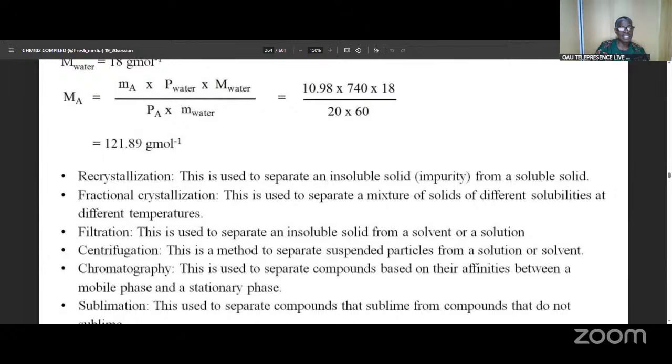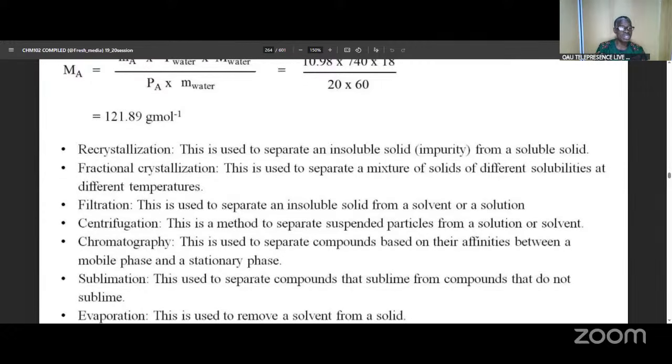Maybe we should just define what chromatography is. We use chromatography to separate compounds based on their affinity between a mobile phase and a stationary phase.